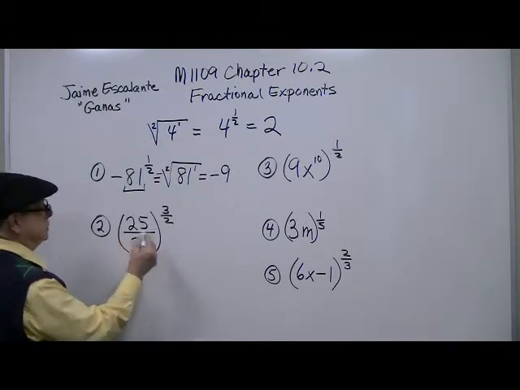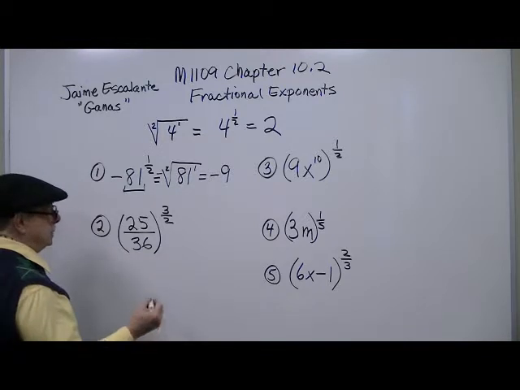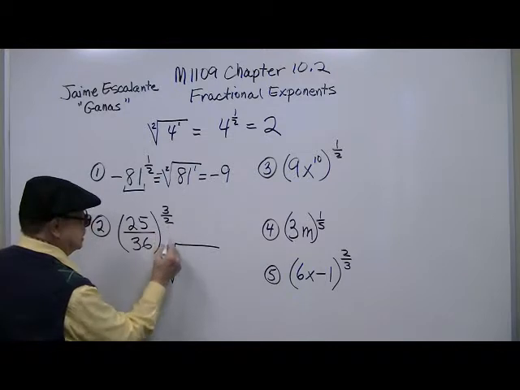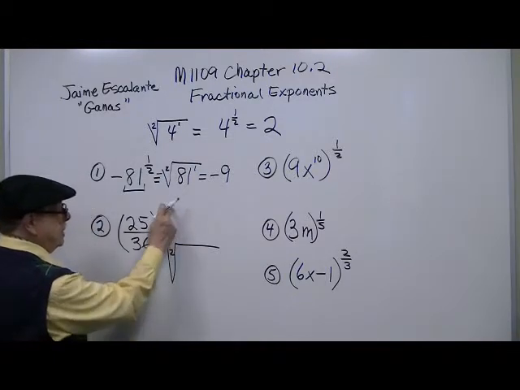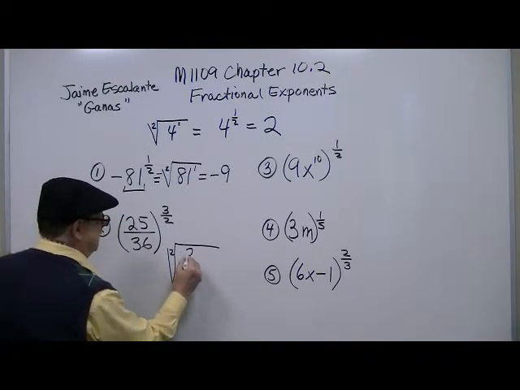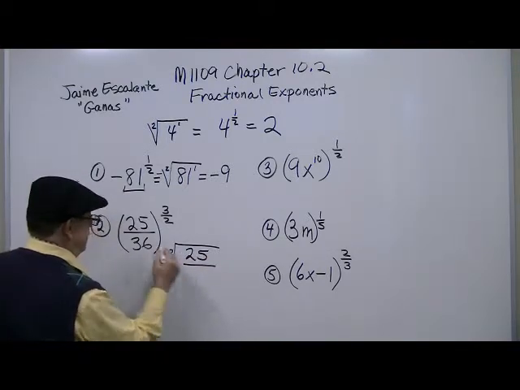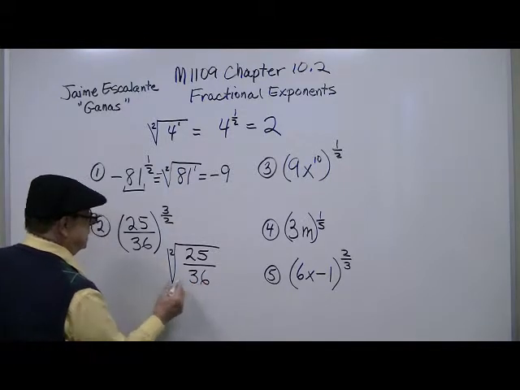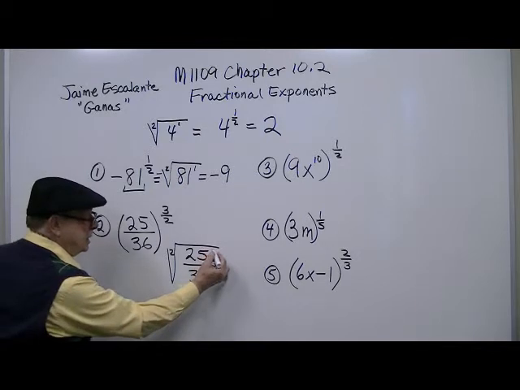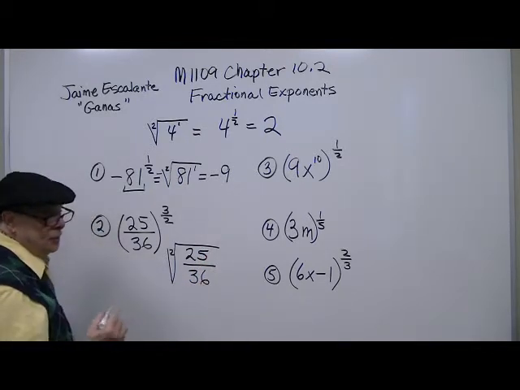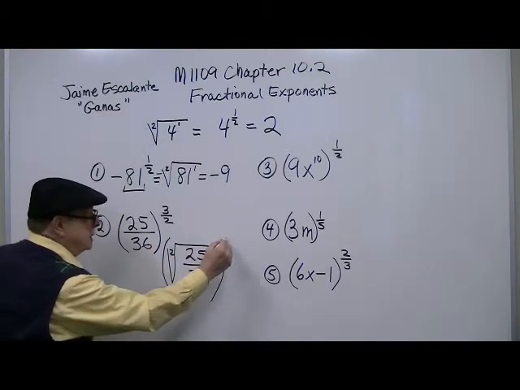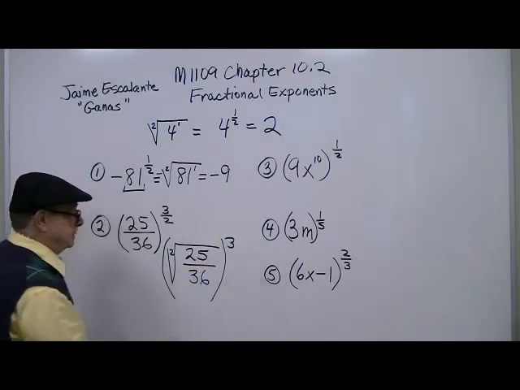Okay, converting number 2 now to a radical expression, this is going to be the square root, our denominator of our fractional exponent, and then it goes 25 over 36. Now, where do we put that exponent? Well, we could put it here, but the preferred place to put it is out there.